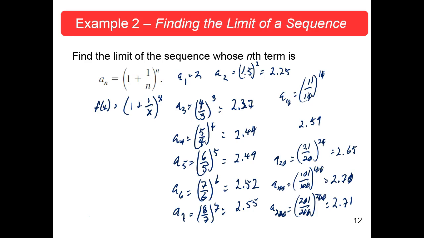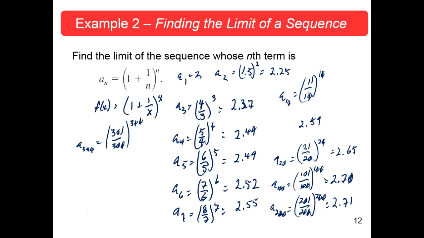Do you want to try a few more? Will your calculator do 300? A sub 300 equals 301/300 to the 300th. At some point your calculator won't do exponents anyway. 2.71 again. Now, what is 2.71?